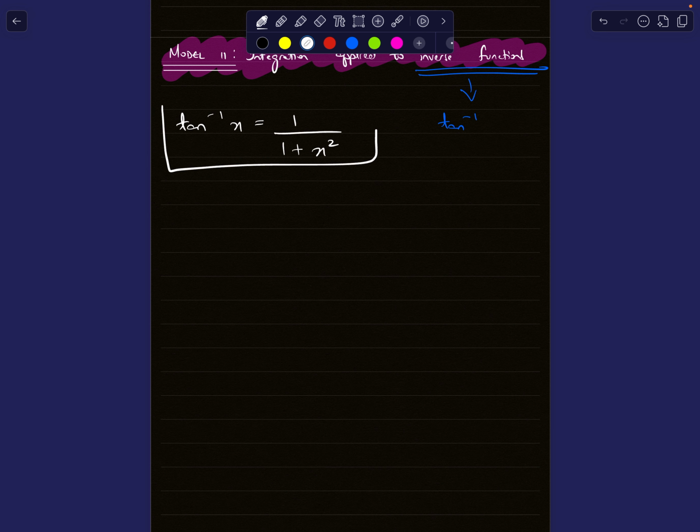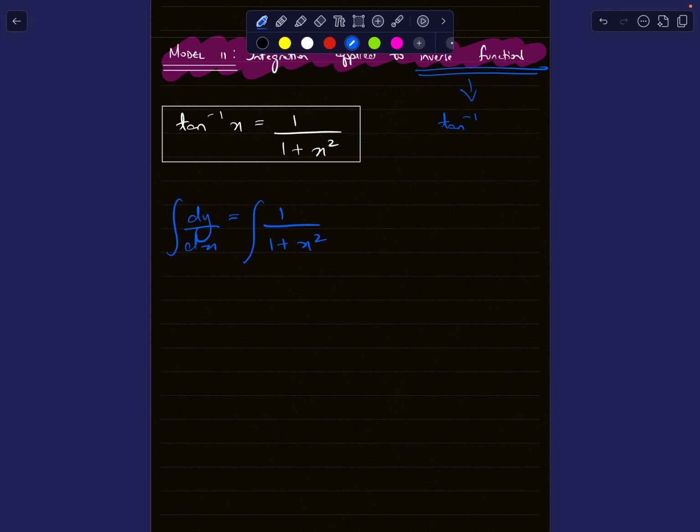And in this module we will build upon this concept. The basics being that if you are given 1 over 1 plus x square, you should instantaneously identify that the integral would be tan inverse of x plus c.